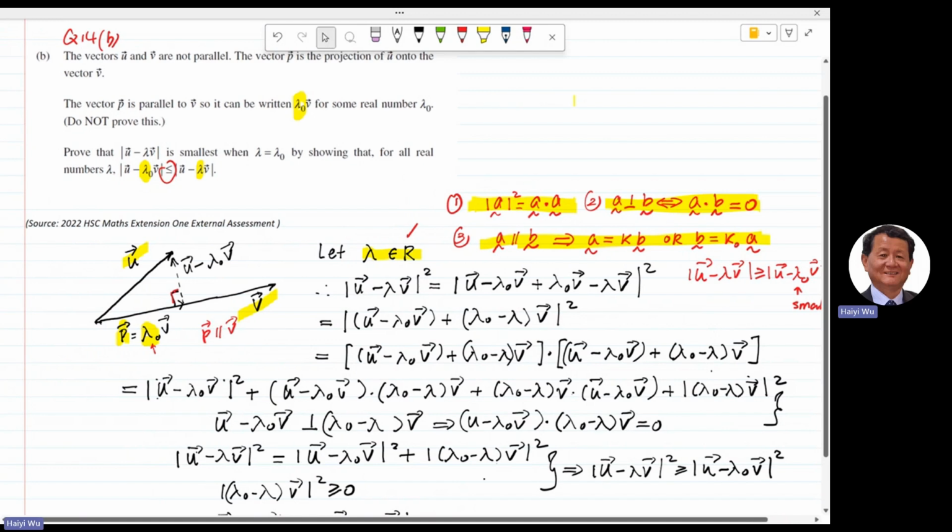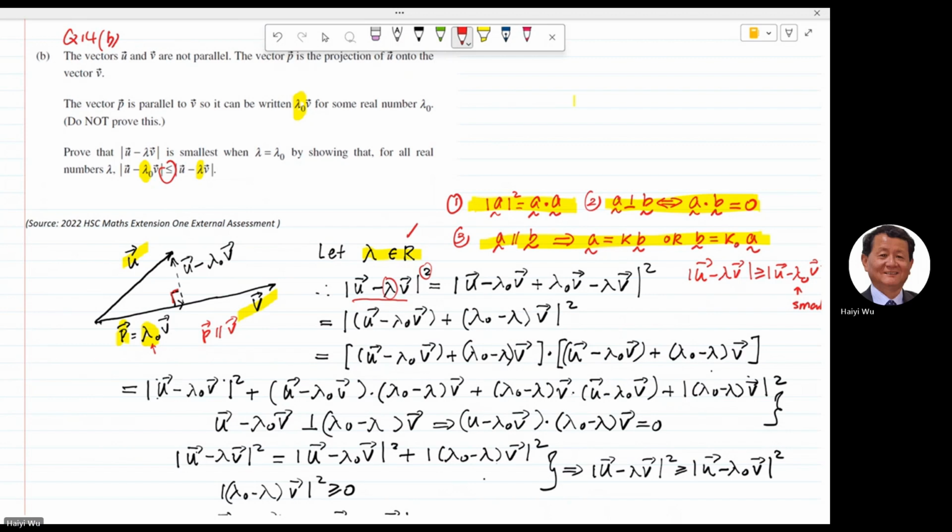All right, so what I'll do, I'm going to put a square first. I'll take the magnitude of those two. So this is the vector we are going to use, u take away lambda v. So lambda can be varied. Now, according to the graph, I call p the length of lambda 0. So therefore that's the vertical, u take away lambda 0 v, which is p.